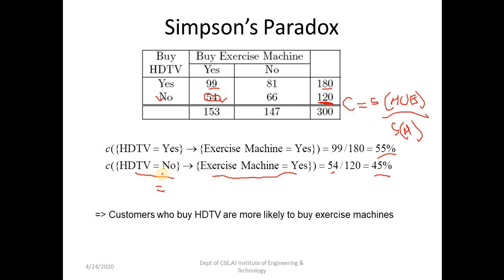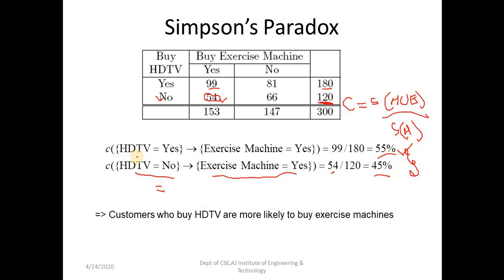If a customer does not buy HDTV, then he will buy exercise machine. Now if you see the confidence of both these rules, you can see that customers who buy HDTV are more likely to buy exercise machine, right? Because its confidence is high.